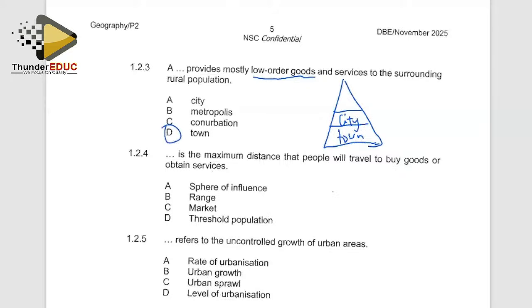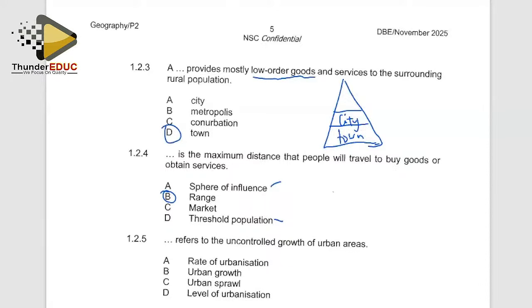124 dash is the maximum distance that people will travel to buy goods or obtain services. Basically, if you're looking at those ideas, we find that our correct response is the range. The range of goods is the distance that people are prepared to travel. I think you understand the sphere of influence and how it differs from the threshold population.